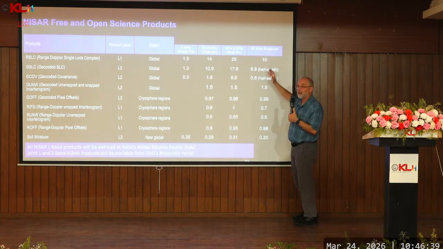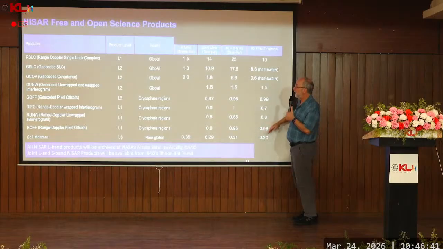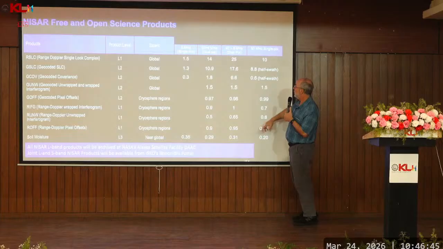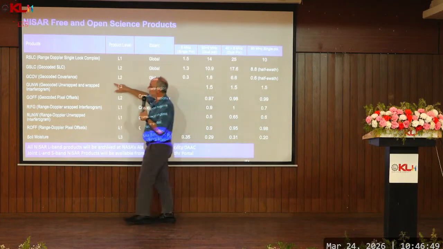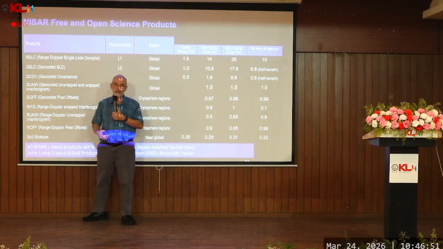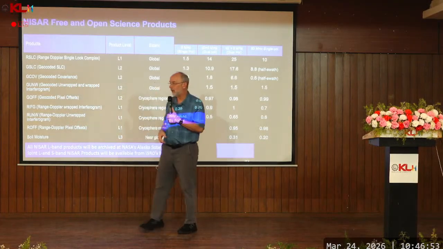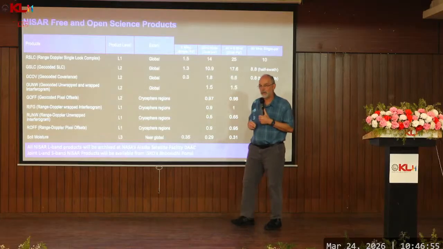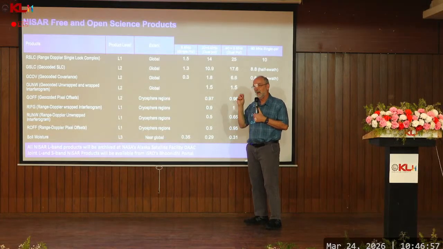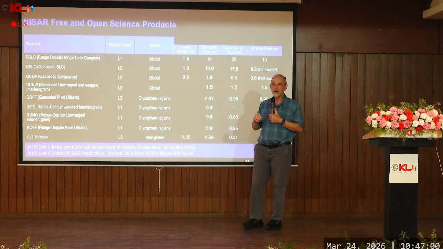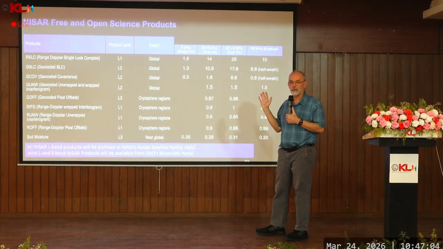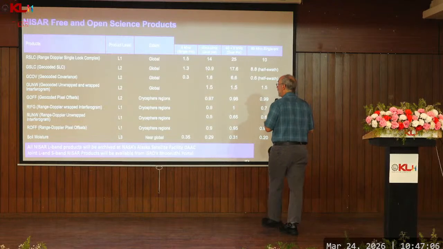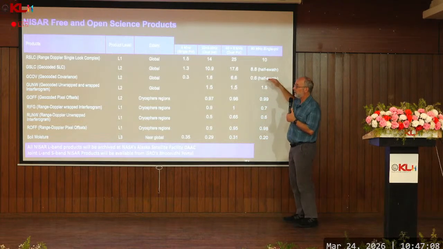So when you plan your research with these data, you have to think carefully about what level you're going to use. My expectation is that the geocoded covariance products, and I'll show you examples of this in a bit, are going to be the workhorse of user community utilization of NISAR data, because it has lots of rich information.